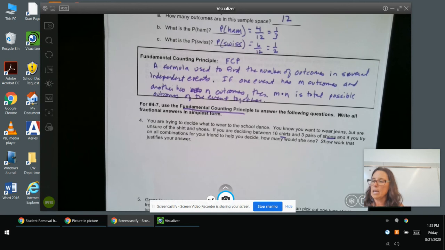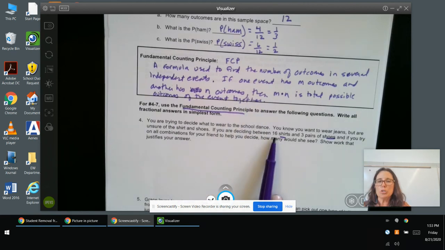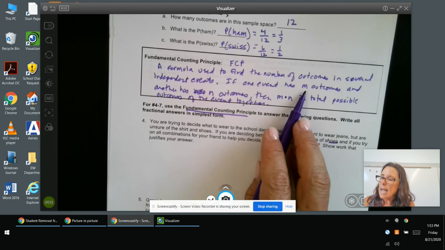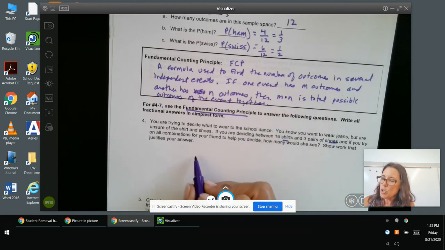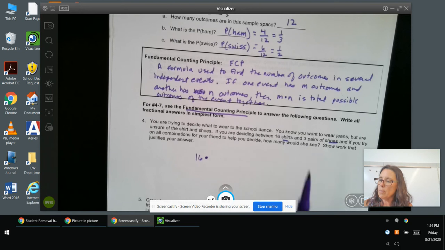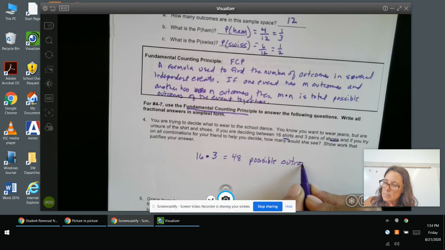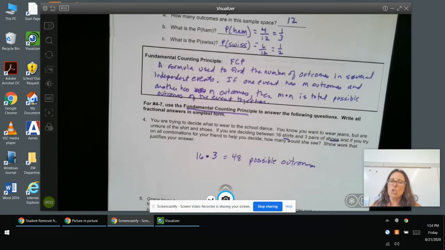Now, the fundamental counting principle says you multiply how many shirts there are, 16 outcomes of shirts, times the N outcomes of shoes, 3 pairs of shoes. So 16 times 3, 48 possible outcomes. You could say 48 possible outfits if you wanted to.